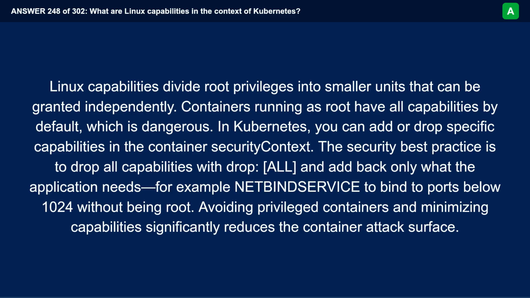The security best practice is to drop all capabilities with drop ALL, and add back only what the application needs. For example, NET_BIND_SERVICE, to bind to ports below 1024 without being root. Avoiding privileged containers and minimizing capabilities significantly reduces the container attack surface.